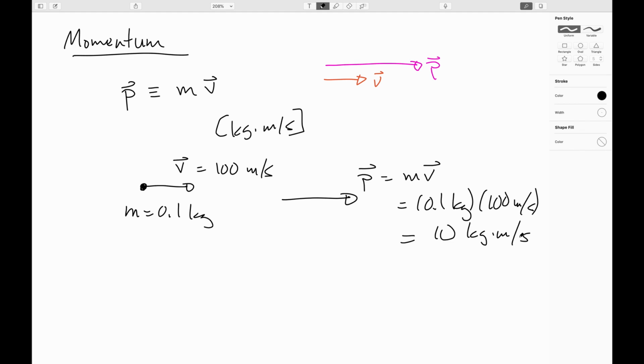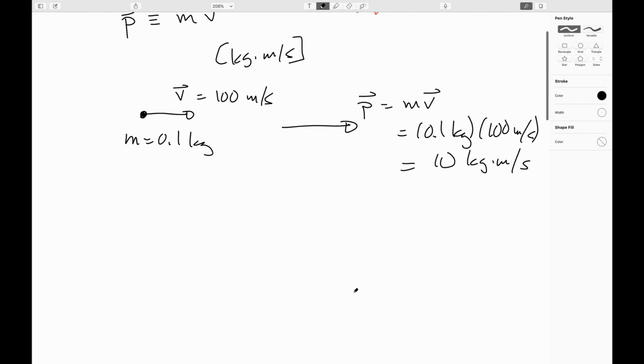So here we had a relatively light object that was moving quite quickly, but to have the same momentum, we could have a rather heavy object that's moving slowly. Let's say we have an object that's moving at 0.01 meters per second, but its mass is a metric ton, 1,000 kilograms.